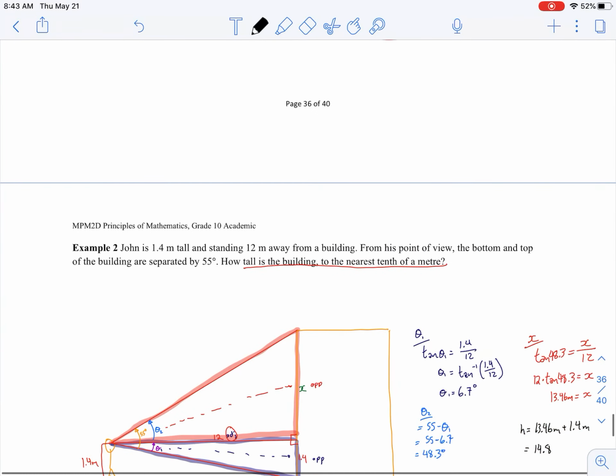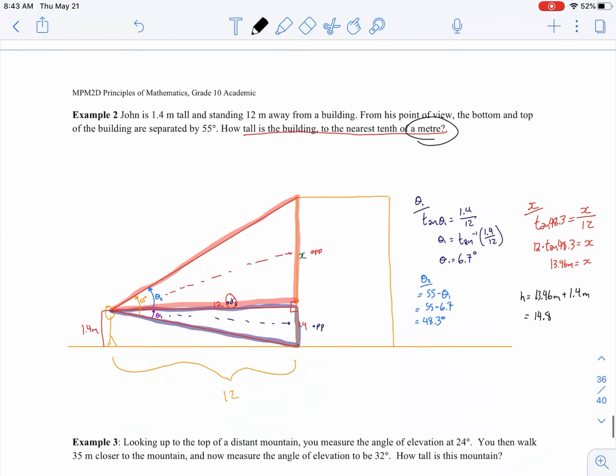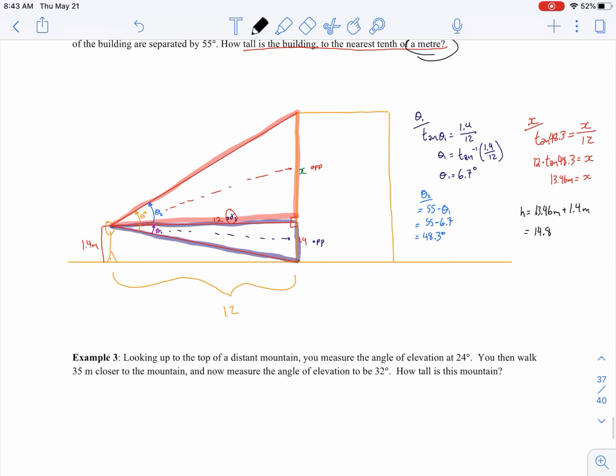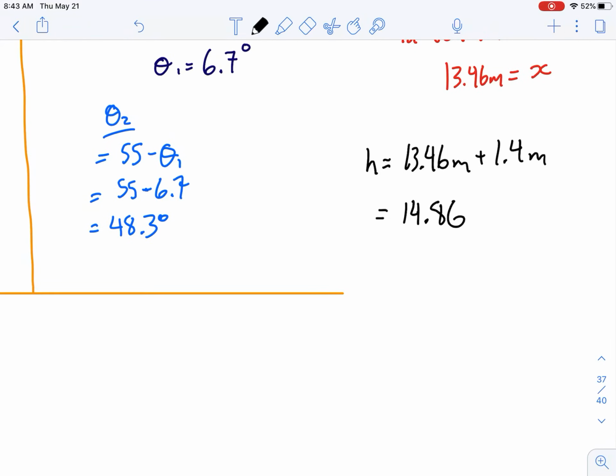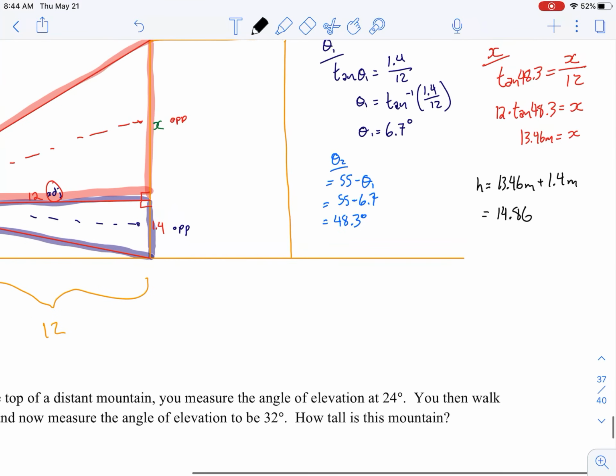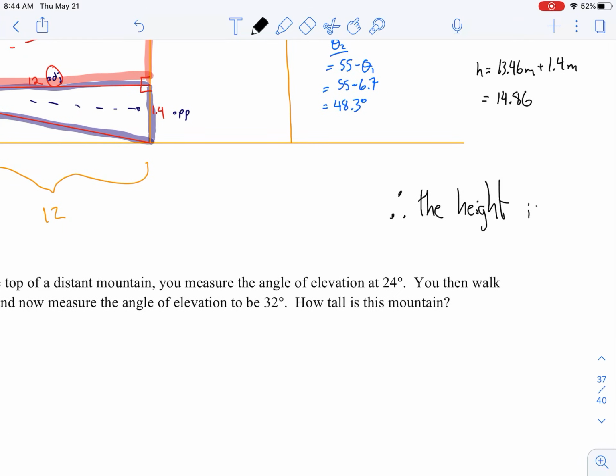It wanted it rounded to the nearest tenth of a meter, so we are going to round that to 14.9 in our therefore statement. Therefore, the height is 14.9 meters.